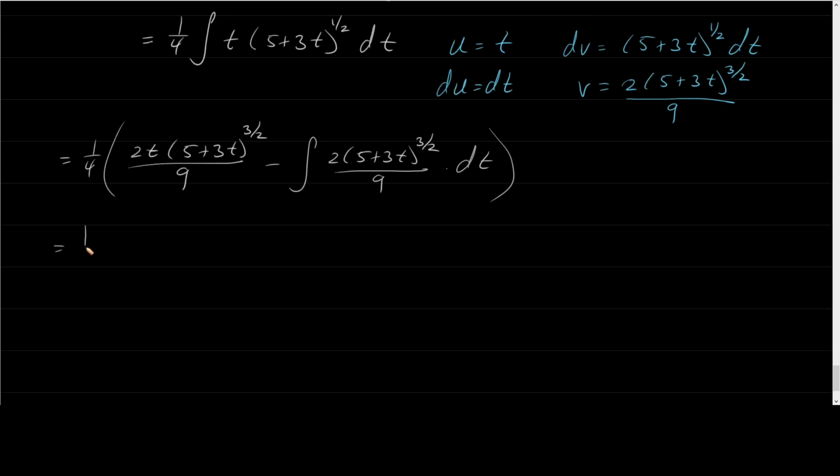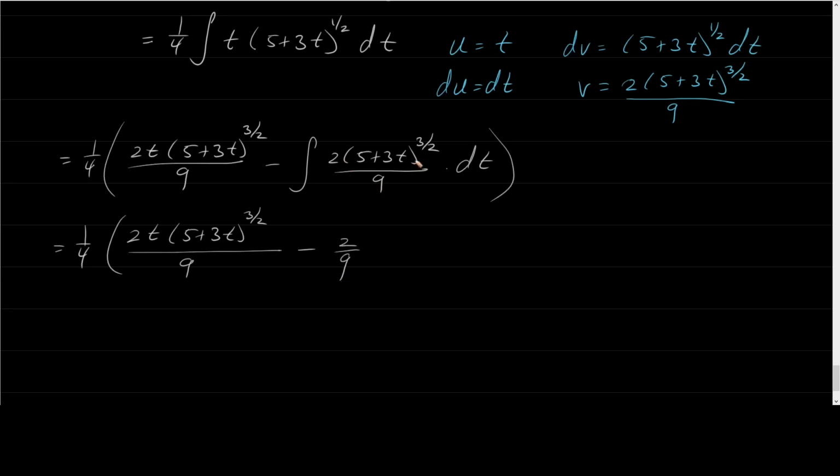That integral becomes, well, let's just copy this first: 2t times (5 plus 3t) to the 3/2 over 9, minus, these two 9s are still out here on the outside, so I write them out here.